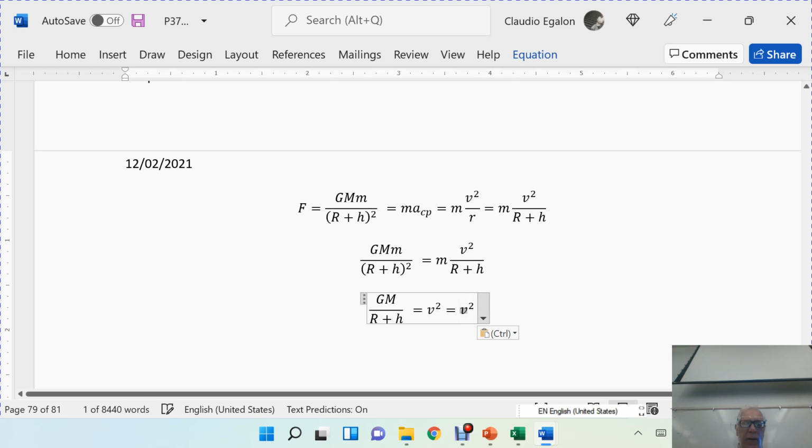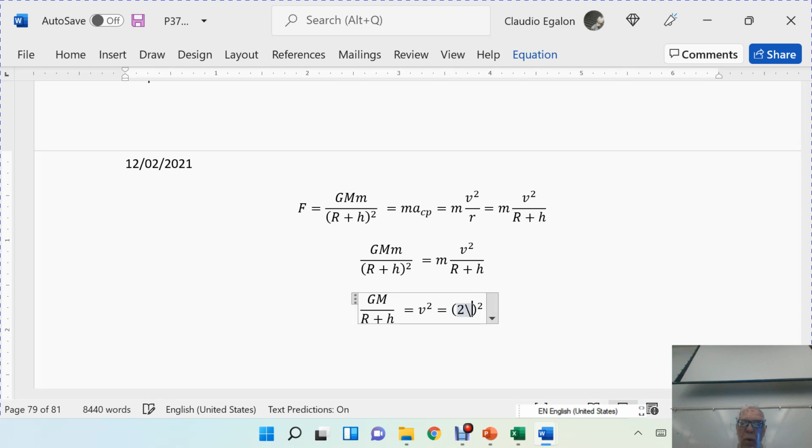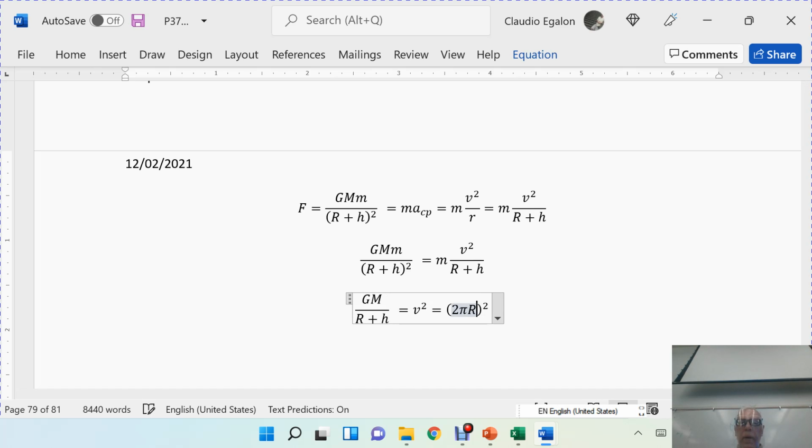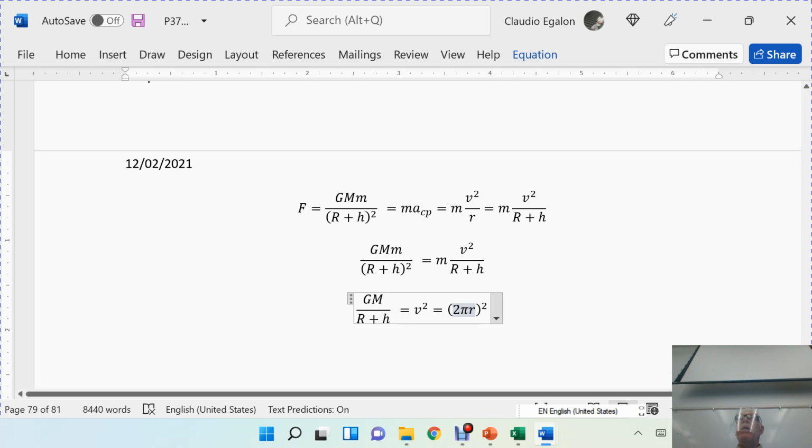So this v that you see here is in reality 2 pi little r, the radius of this circle, divided by the period.